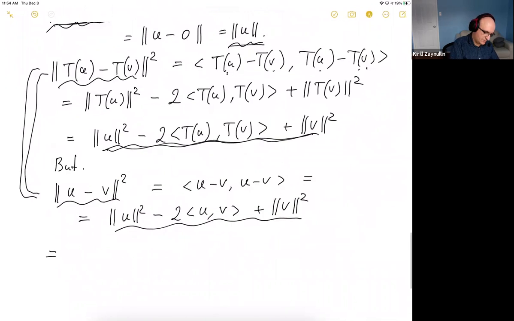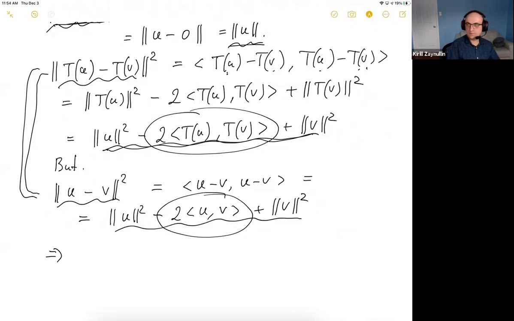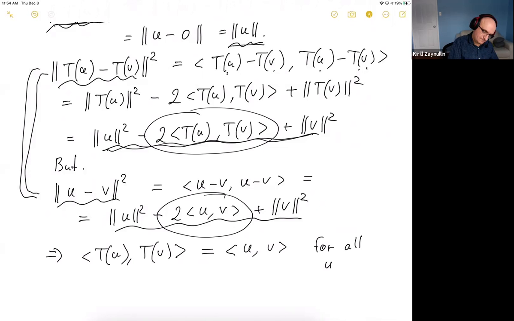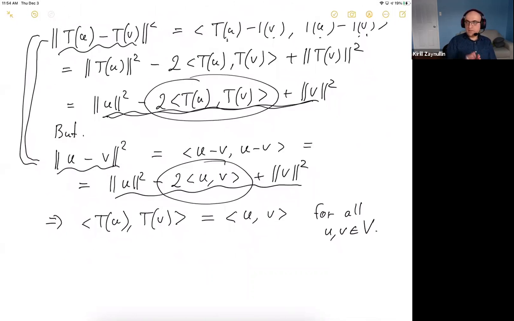So I can just write that the inner product of t of u and t of v has to coincide with the inner product of u and v, and this of course holds for all u and v. Again, we still don't know yet whether t is a linear operator. We just use the properties of rigid motions.